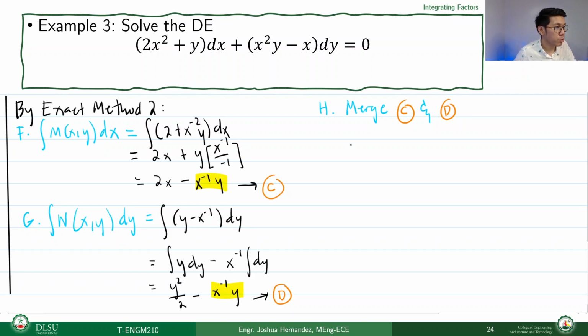So there should be no repeating terms. So merging C and D, we'll have 2x minus x raised to negative 1y plus y squared over 2, which is our f of xy.